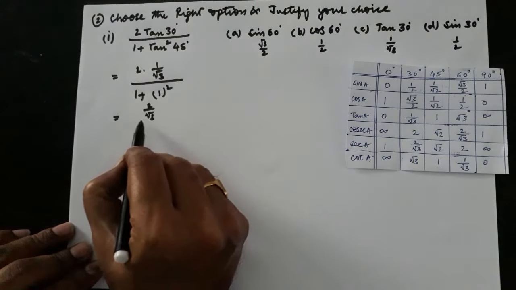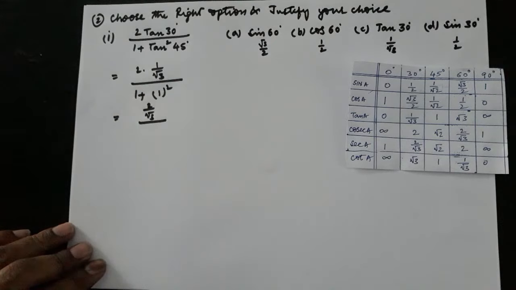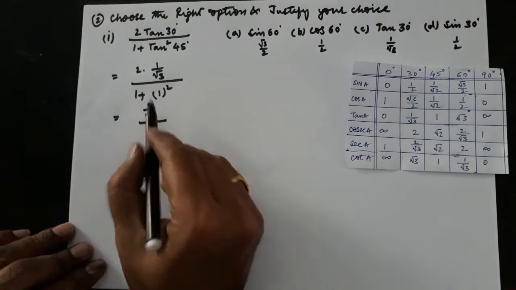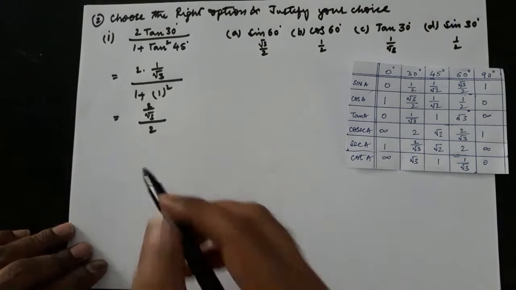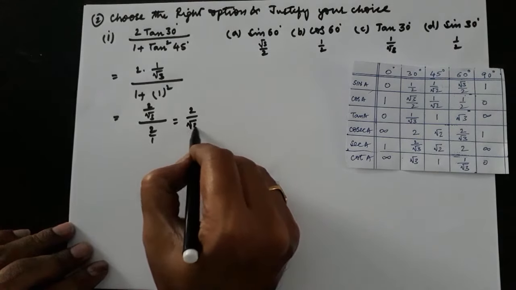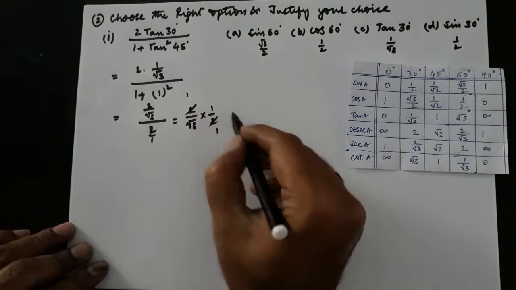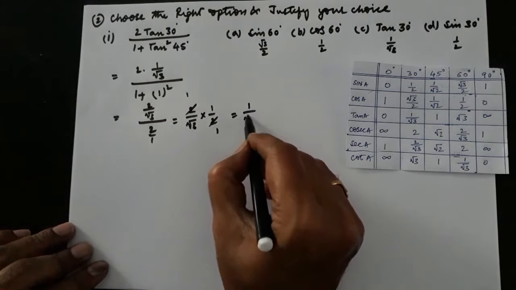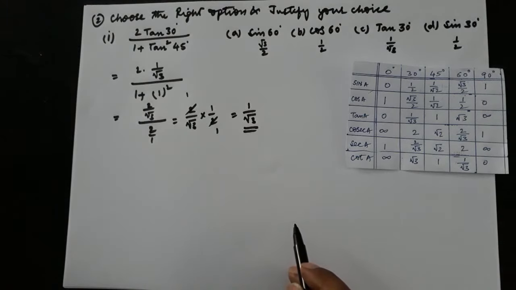On the denominator, 1 plus 1 square is 1, which is 2. Okay, we can write 2 by 1. So what will it become? 2 by root 3 into 1 by 2. 2 cancels out. We will get 1 by root 3. Okay, so the answer is 1 by root 3.